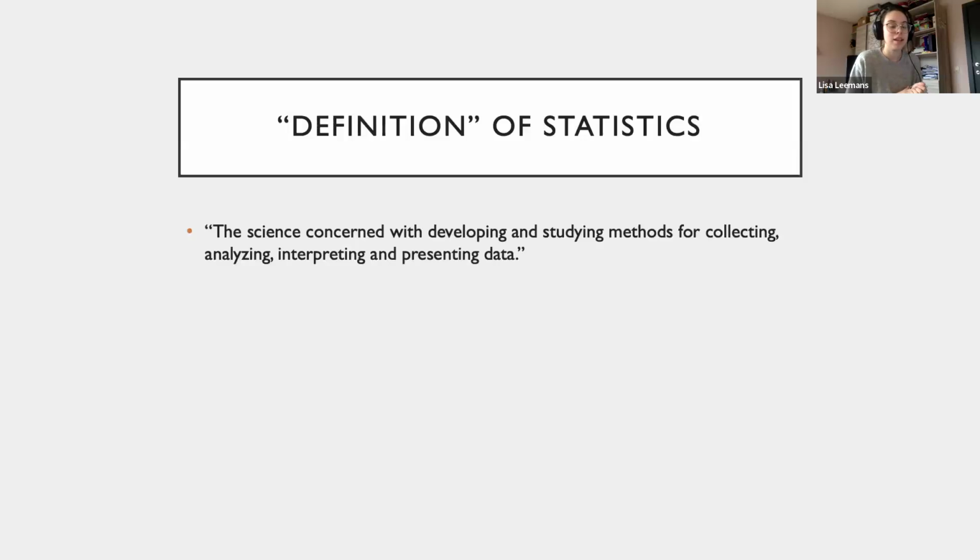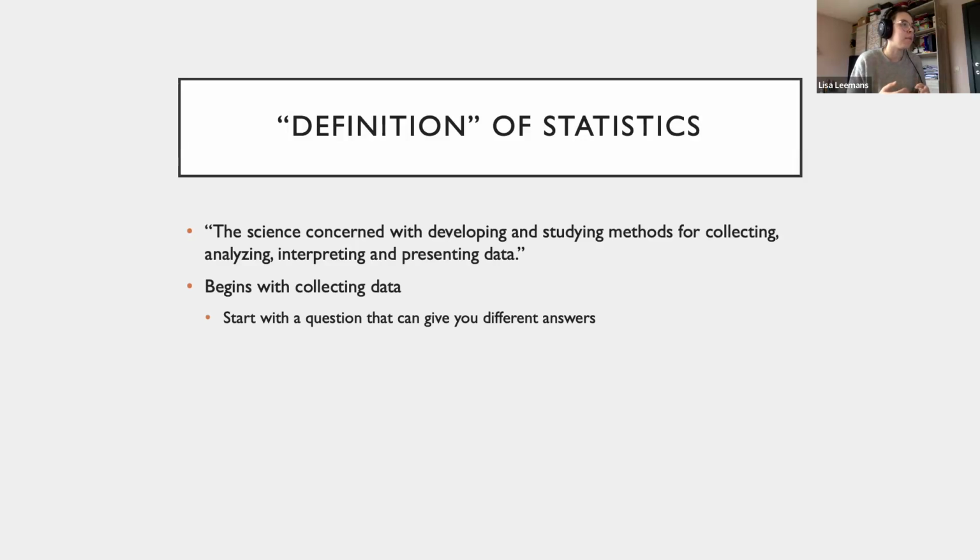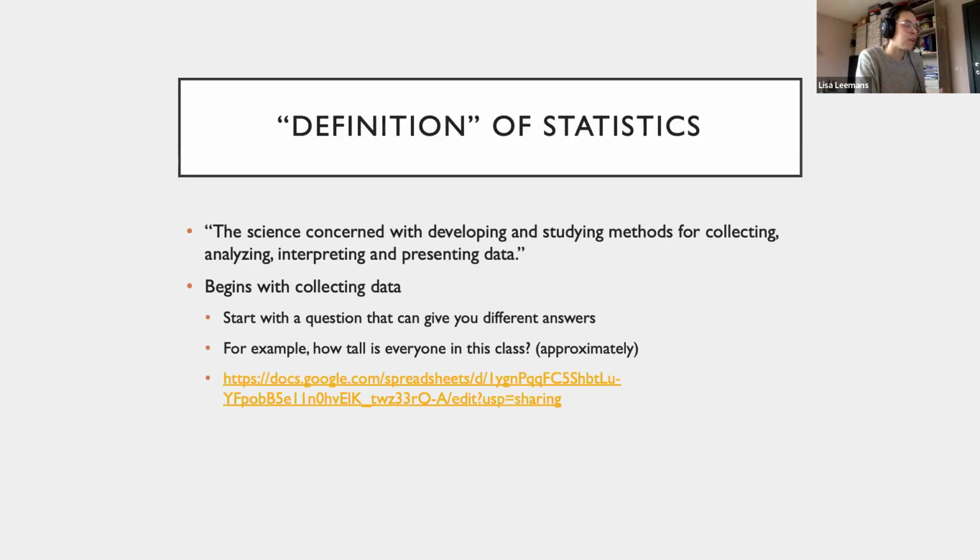Presenting data. So it all begins with collecting some data, and then you will have a question about where you want answers for. It just depends on what type of question, what the data is about that you want an answer or a conclusion around. So for example, we have how tall is everyone in this class approximately? So what I wanted you guys to do now is go to this Google spreadsheet and fill in the length that you have or how tall you guys are.